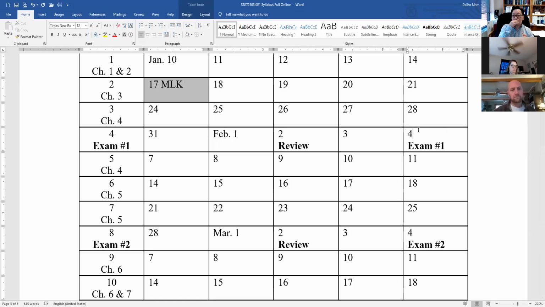Then the clock will start, and in 50 minutes or an hour, you can finish the exam. But the exam will be closed at midnight, so at the latest you have to begin your exam at 11 p.m. because it takes at most an hour.